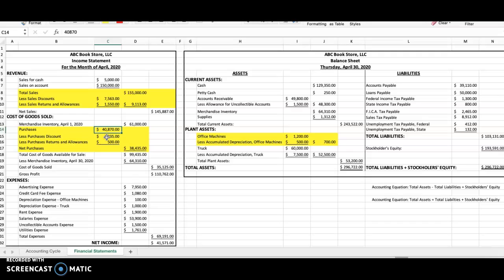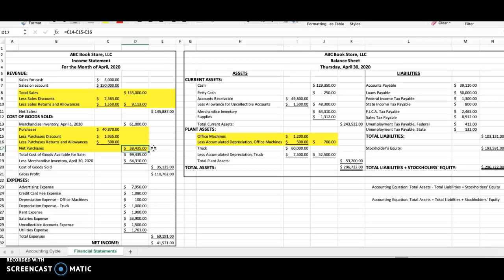It's purchases of merchandise of 40,870. Then we deducted. We got discounts of 1,935, and we returned some things, or we got allowances, and that added up to 500. So these two are subtracted from the total purchases indicated with the 40,870. When you subtract these two numbers, you'll get net purchases of 38,435. So that's something that we just talked about just recently.